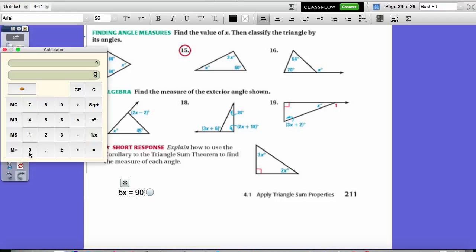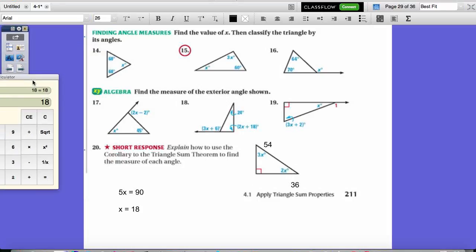And then 90 divided by 5 is 18. So this is 36. 3 times 18 is 54. And 54 plus 36 is 90.